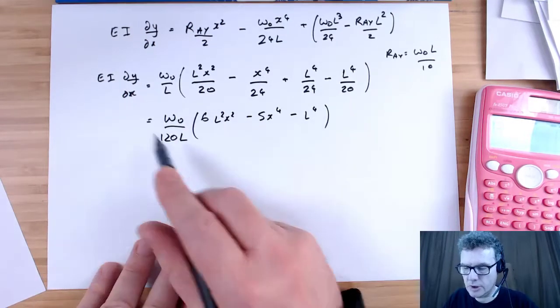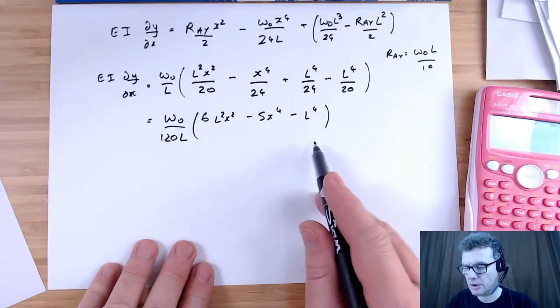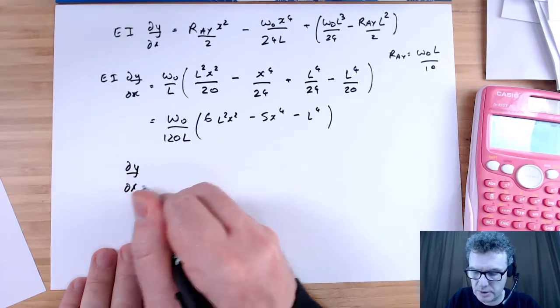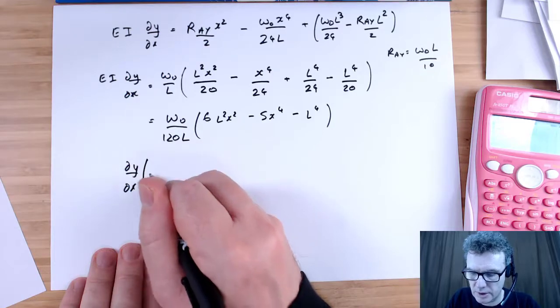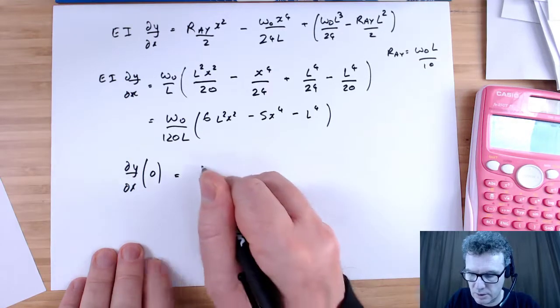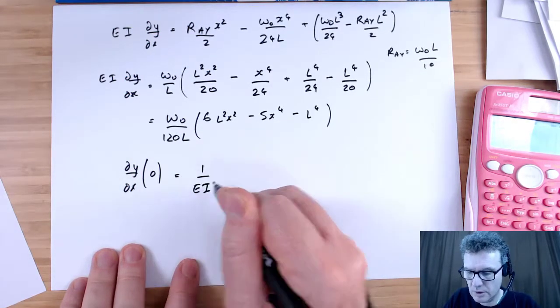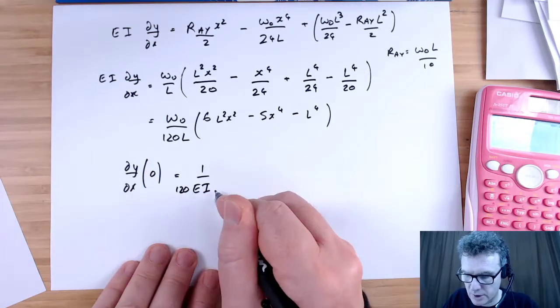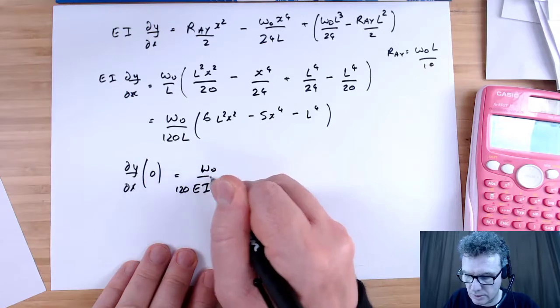So that's my equation for the gradient throughout the entire beam, but I'm only being asked to find it at position A. So that's when x equals 0. So that would be 1 over EI. We've got 120 there, and an L, and W0.